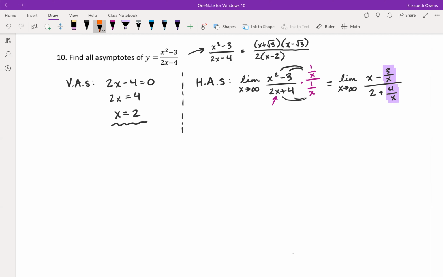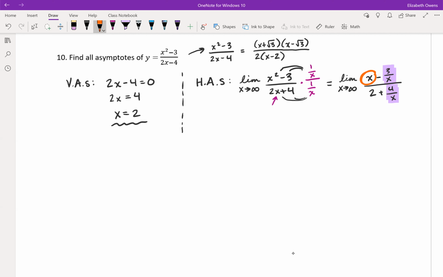But notice we have one term that is decidedly not going to approach 0 and not going to approach a constant, the x right here.